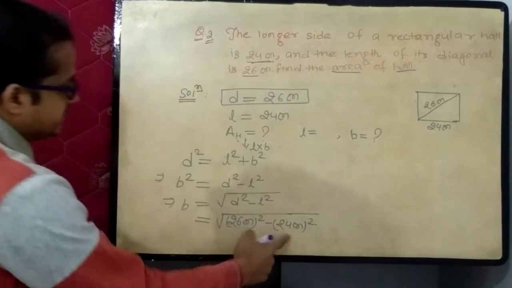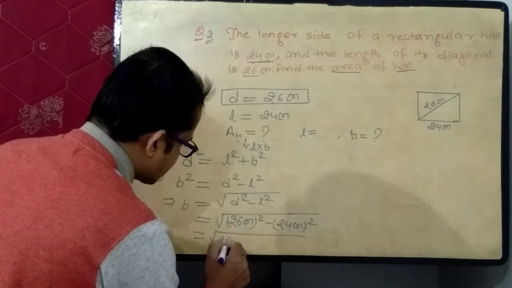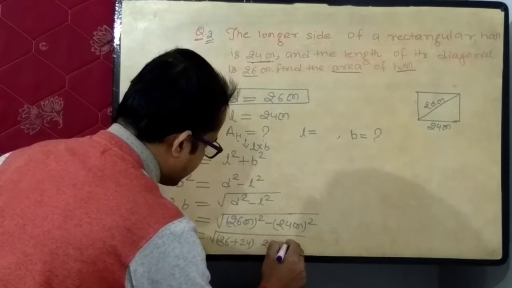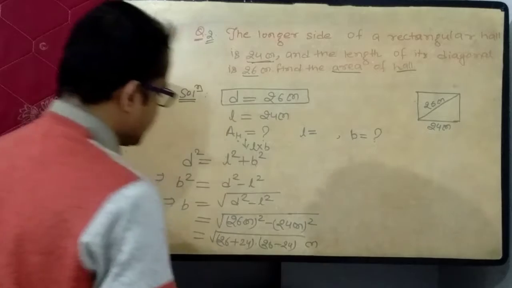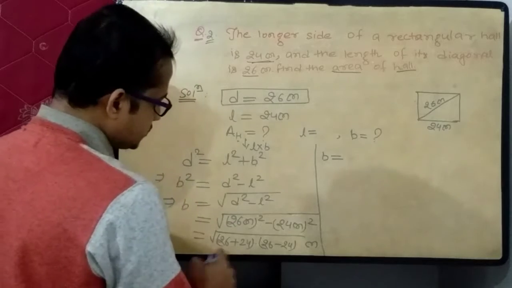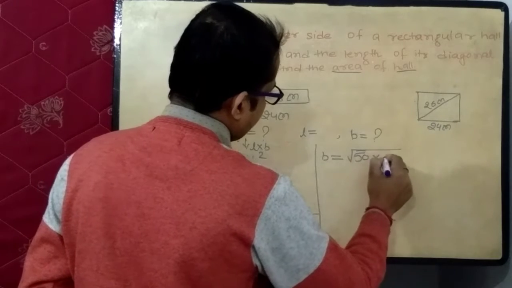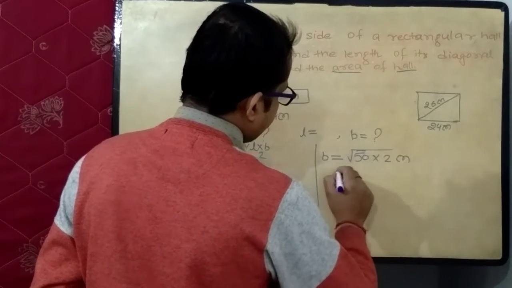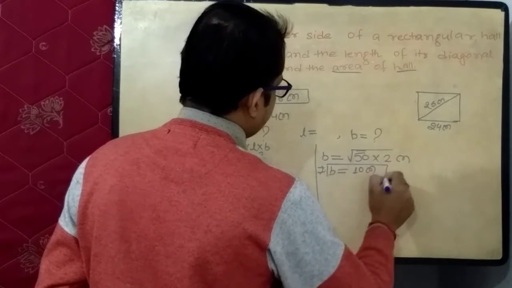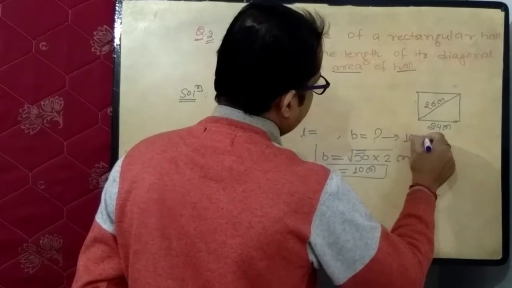So by using formula a square minus b square equals a plus b into a minus b, you can easily find B equals to root over 50 into 2 meter. This implies B equals to 10 meter. So what you calculated? You have calculated breadth equals to 10 meter.